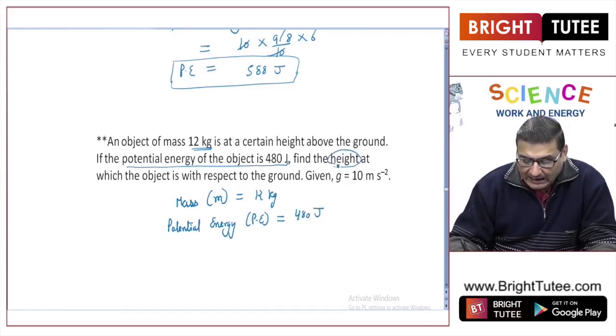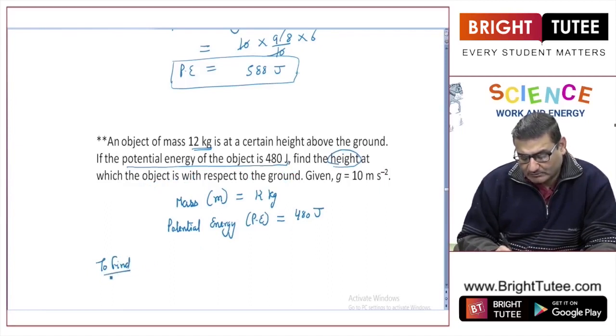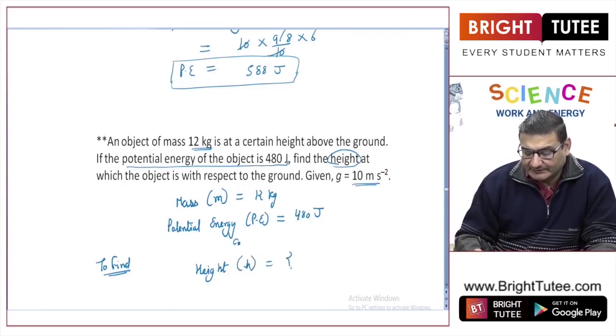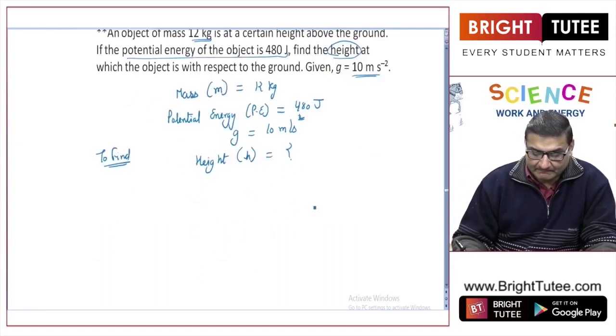Find the height at which the object is with respect to the ground. We need to calculate the height of the object, and given to us is that we will take the value of g to be 10 meter per second square to make our calculations easier, right? We now have to calculate the height.